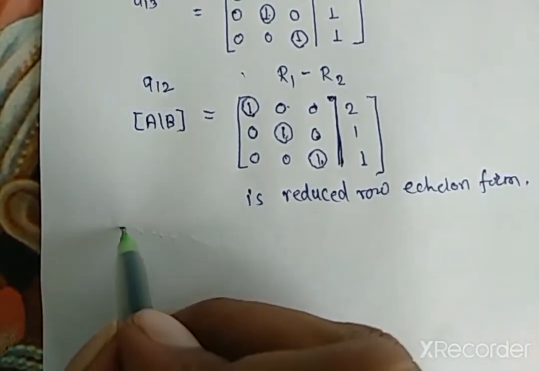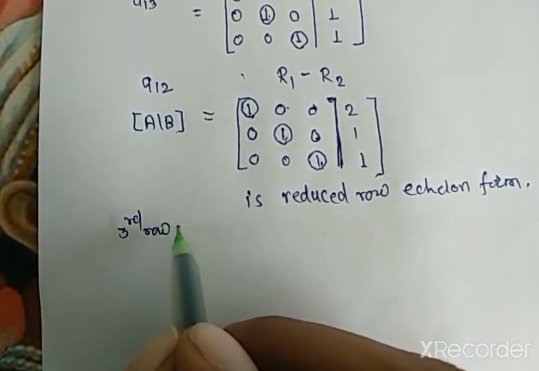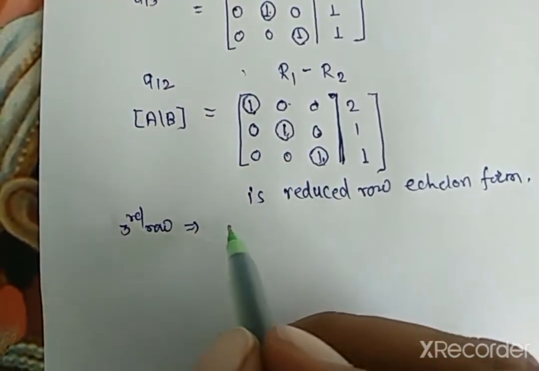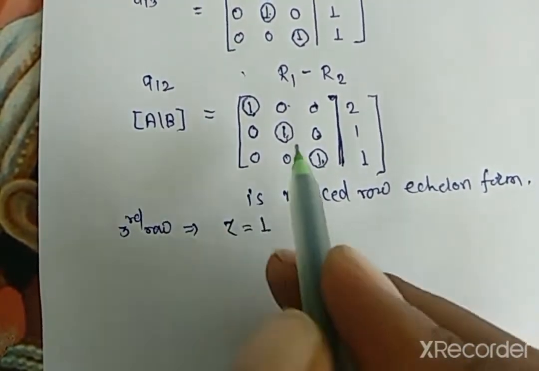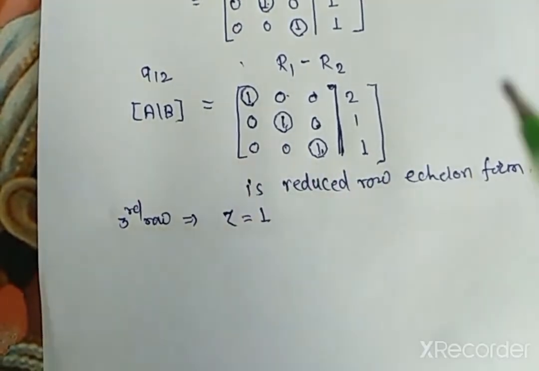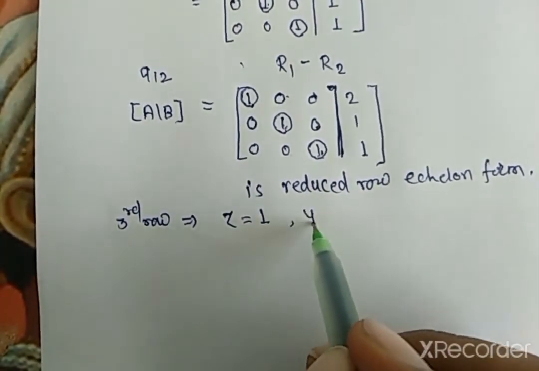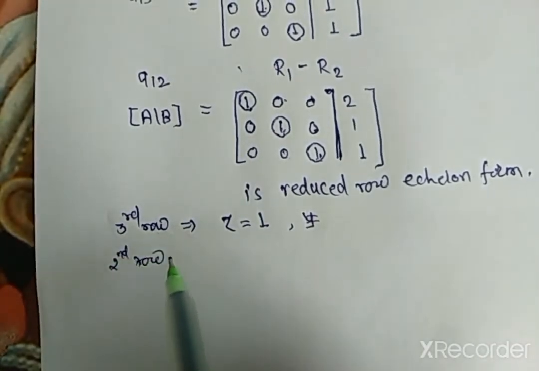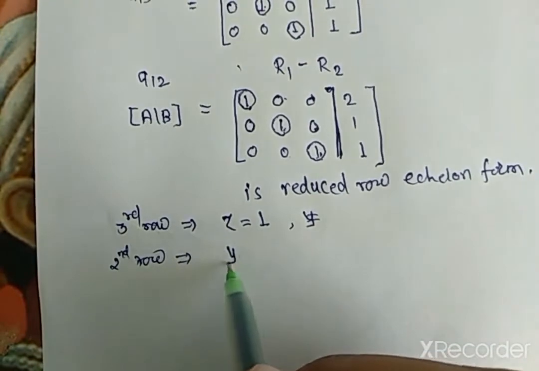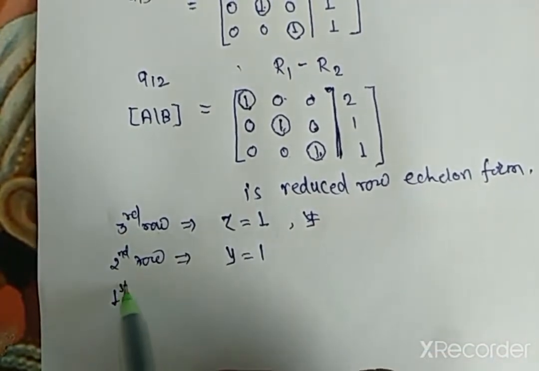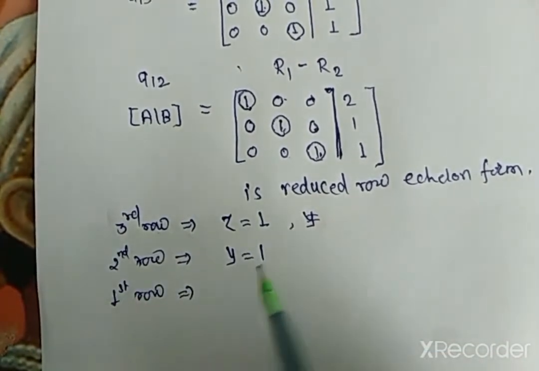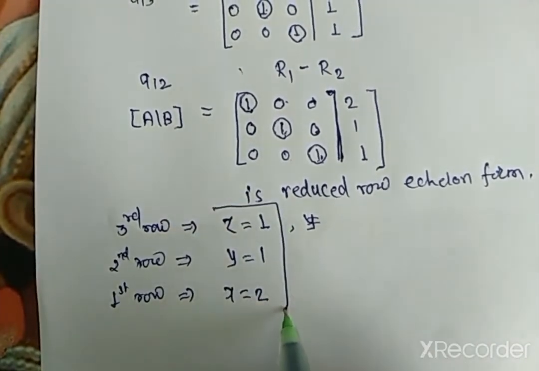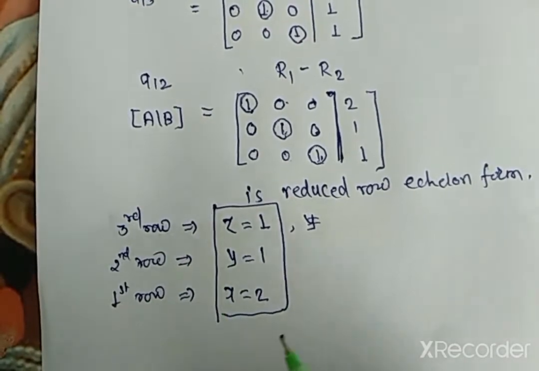From the third row we can directly say that our variable z is equal to 1, because all the remaining are 0. From the second row we get y is equal to 1, and from the first row we get x is equal to 2, which is our solution of the system.